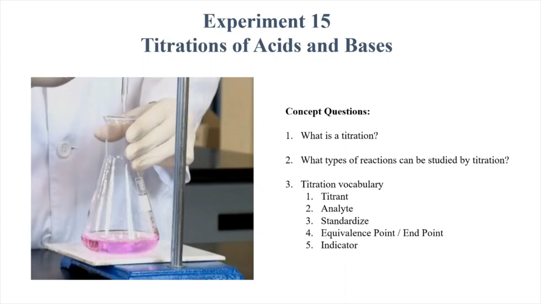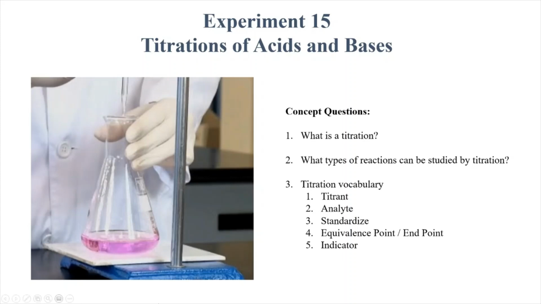Typically, that's done through a process of standardization, meaning we've done some process to determine very accurately the concentration of the titrant. So generally speaking, we know the concentration of the titrant. The analyte is the thing we don't know, and by combining them together, we can figure out what the concentration of the unknown is.